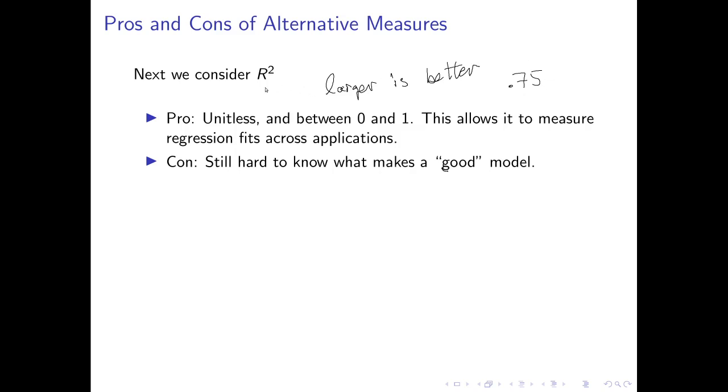Or if I have an r squared that's 0.5, what's a good model? It's hard to know without context. So you can't just present me an r squared and say, I have a great model, because we still don't know. Is it possible to get 0.85 from another regression model? Potentially, and then you'd prefer that one.